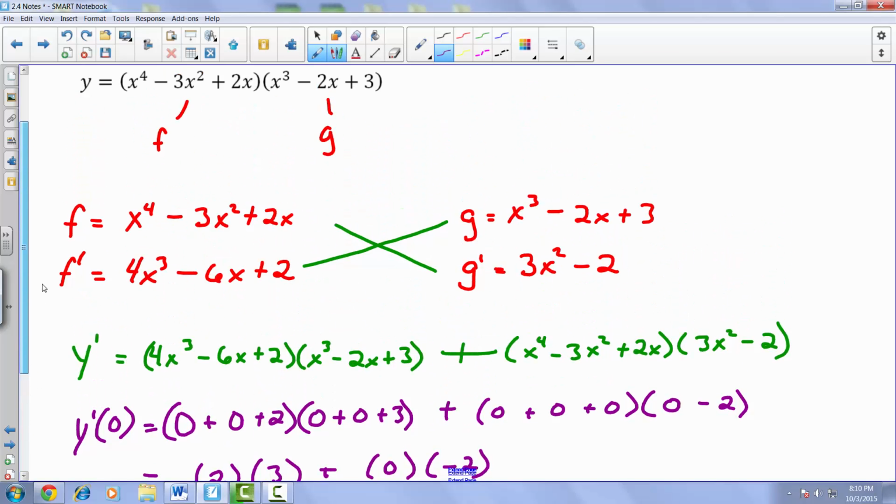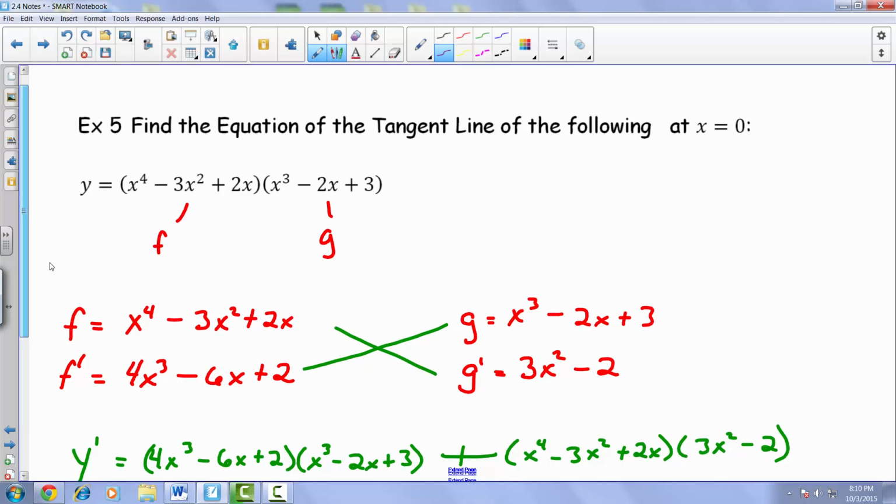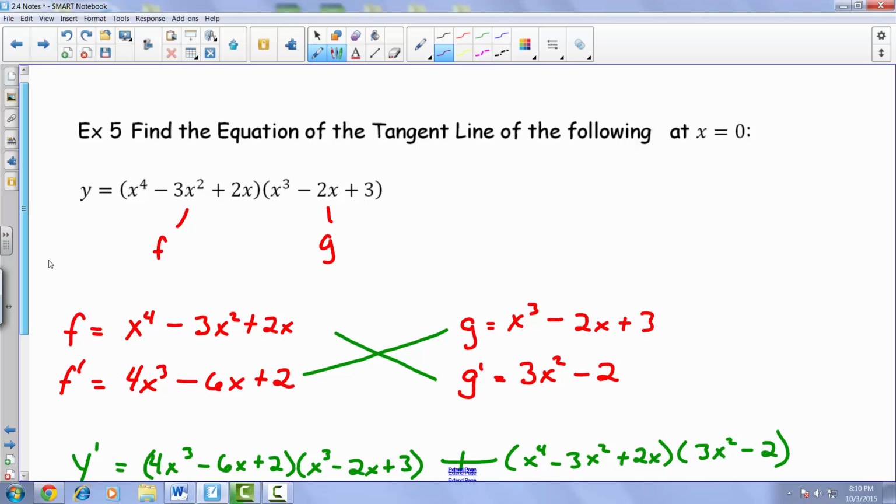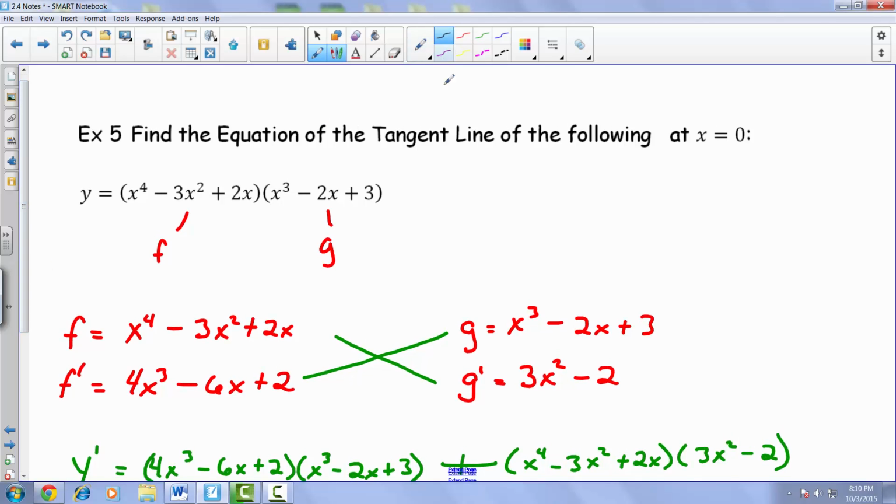Now again, we have our target x value, but we have to find out what is the corresponding y value to use point slope. So to find y, we're going to go ahead and throw that into the function. We have y is equal to, again, 0 plus 0 plus 0.